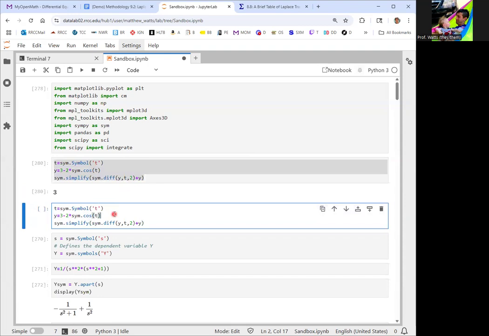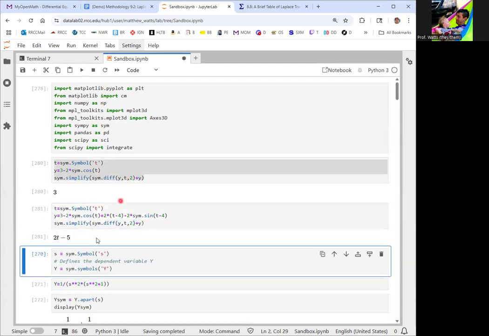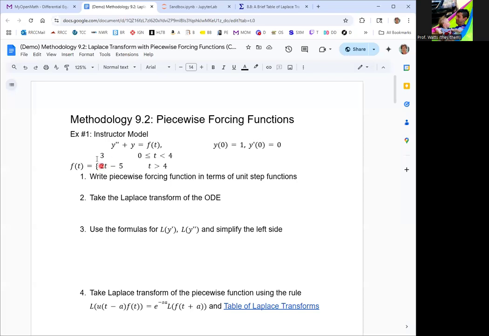So now we're going to add on the rest of it. Remember, the second piece had the same part as the first piece, but then it had that extra stuff. 2 times quantity t minus 4, and then 2 times sine quantity t minus 4. And the last line of code stays the same because the differential equation, the left side is the same. And then that gives us, so those are the two pieces in the forcing function, 3 and 2t minus 5.